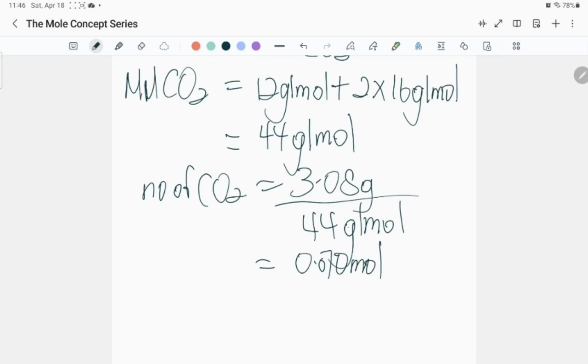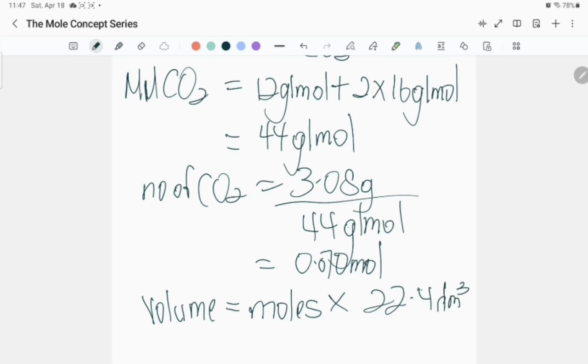So now that we have found the moles, we could calculate the volume by using the formula volume equals the number of moles times the molar volume, which is in dm cubed at STP, and that will be 22.4 dm cubed.